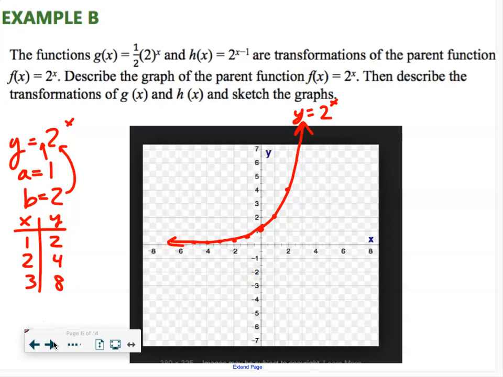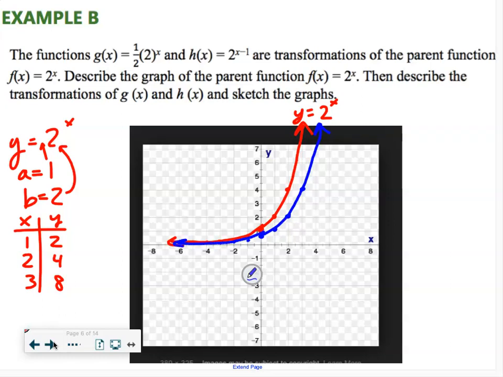Okay. Let's talk about transformations. This first transformation means that we're going to dilate by a factor of 1/2. It's on the outside, so we're multiplying all of our y values by a 1/2. So if we multiply all of our y values by a 1/2, this 1 becomes a 1/2, and this 2 becomes a 1, and 4 becomes a 2, and 8 becomes a 4, and then 2 to the 4th, which is 16, would become an 8, and then all of these would get really, really small, and you end up with the same general shape.